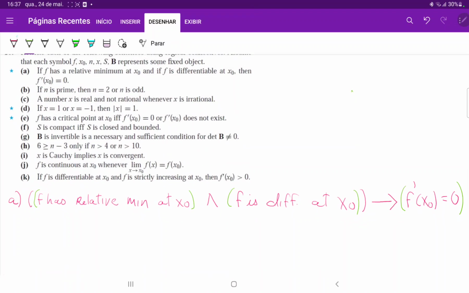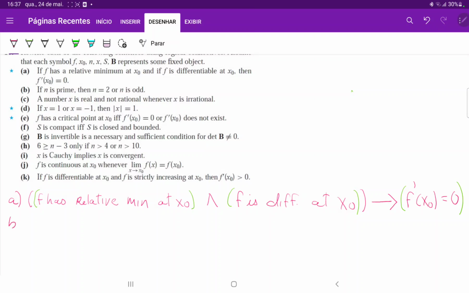Okay, so for b, we're going to have if n is prime, then n equals 2 or n is odd. So once more, we have a conditional, right? We have if n is prime, then, and also we have the or, the disjunction, n equals 2 or n is odd.